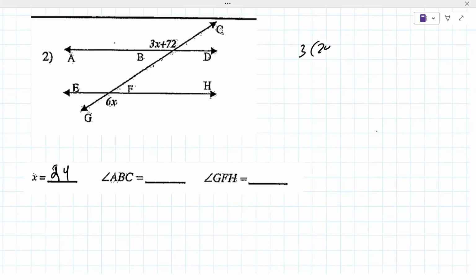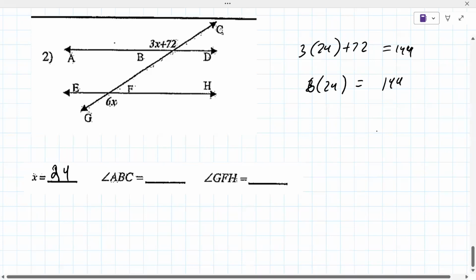So 3 times 24 plus 72 should be 144. 6 times 24 should be 144. Go ahead and double check that. Oh, yeah, that makes sense. I got 6 times 24, but I messed up on the top part. But yeah, I got them both equal to 144 now.